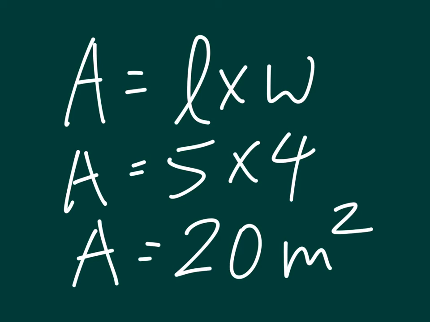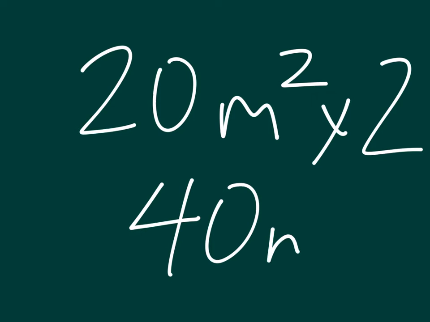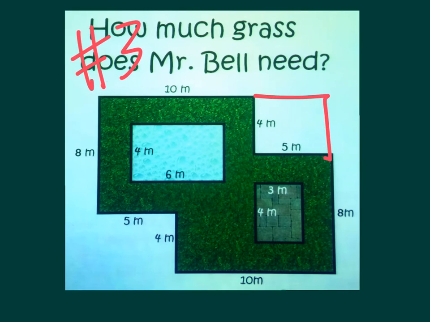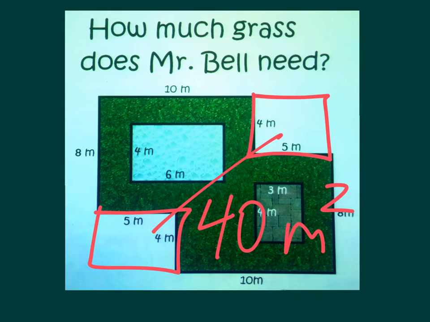And remember, there are 2 of them. So we take 20 meters squared times 2, which gives us a total of 40 meters squared. That comprises both cutaway corners, and that's all going to get taken away from the entire area of the giant rectangle.